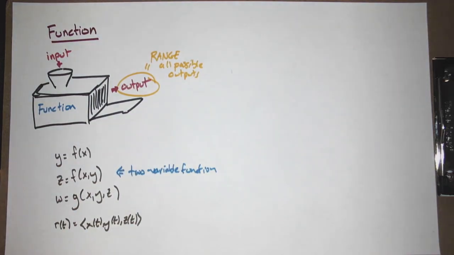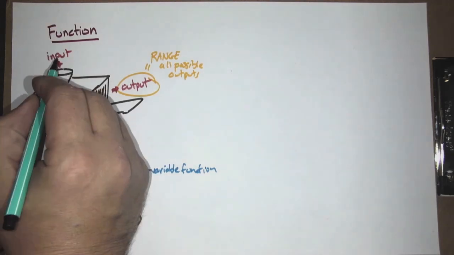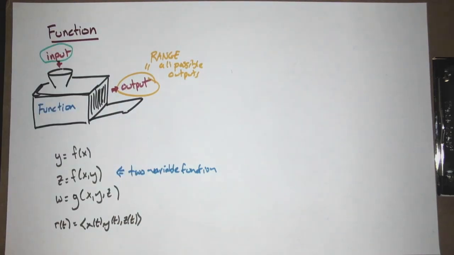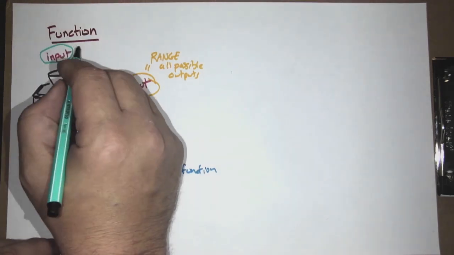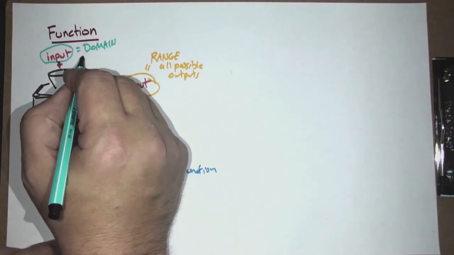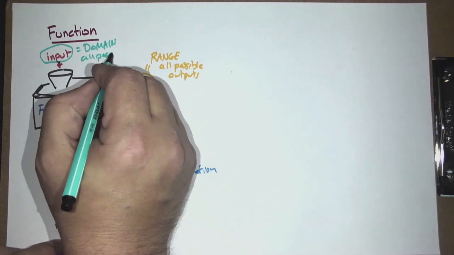Knowing everything that can come out of a function, that's challenging. But there's another side to the story, which is our input. So if the range is what comes out, what is the input? Yeah, the domain. And these are all possible inputs.